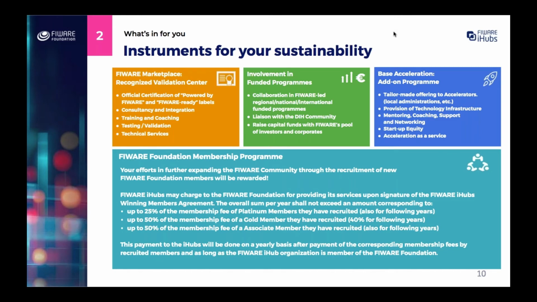The same happens for the membership fees of associate members. Through this activity, we intend that if you are actively involved in the growth of the community, you will be rewarded and get direct funding for the kind of activities you are expected to carry out. Thank you.